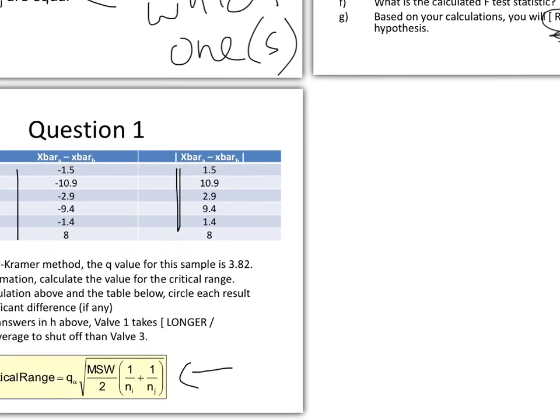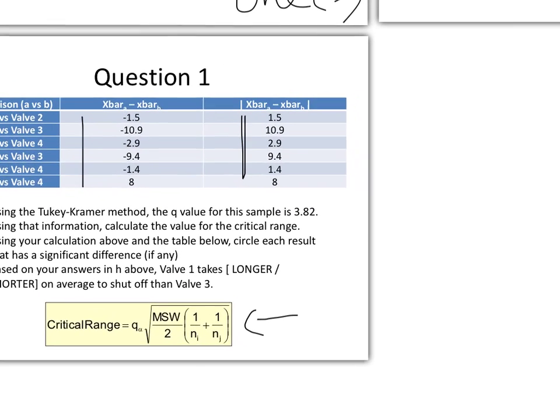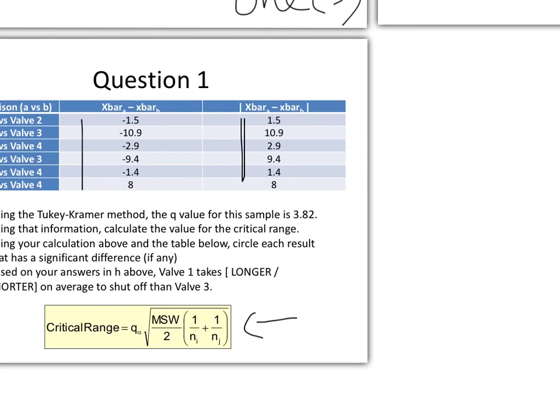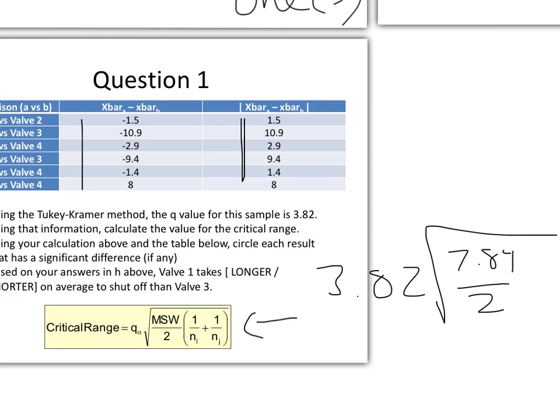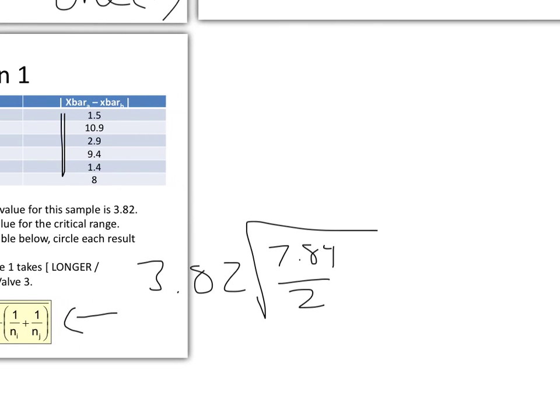All right, so let's come back here and we'll do this part of the problem right now. So we have Q of alpha, which was given as 3.82, and we'll times that by the square root of 7.84 over 2, times 1 over 10 plus 1 over 10.